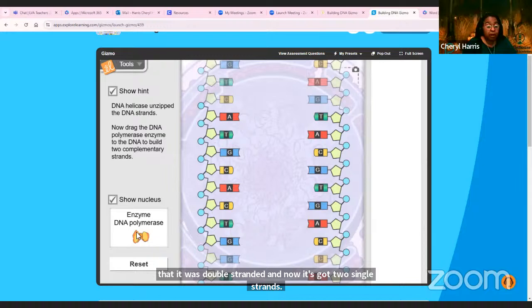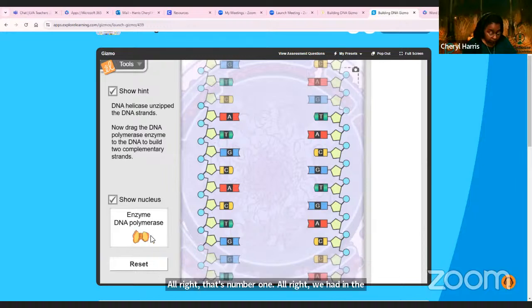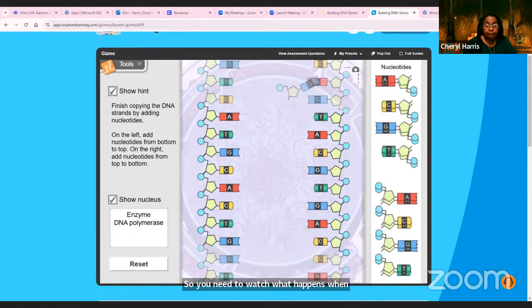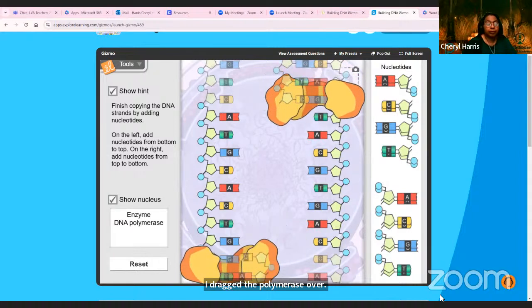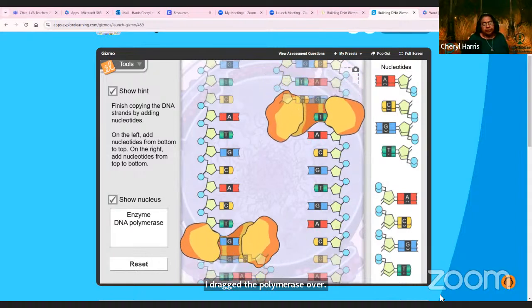All right, now in the box we have another little enzyme called a polymerase. So you need to watch what happens when I drag the polymerase over. All right, so it gets started and it goes in position and then it wants me to do the rest of the work.